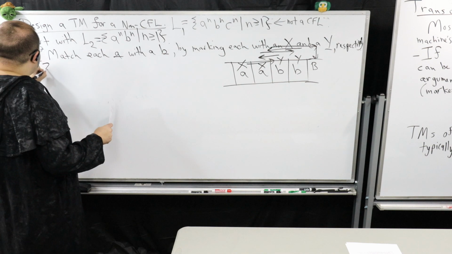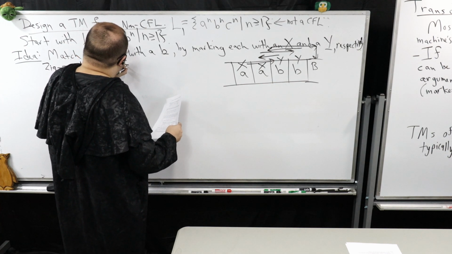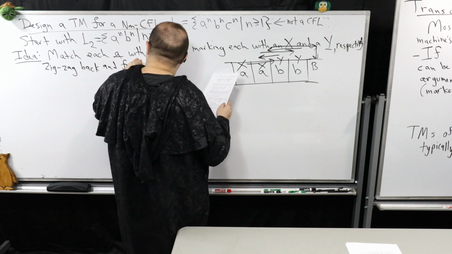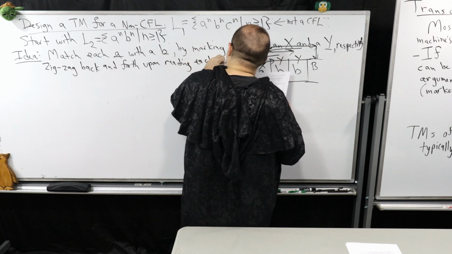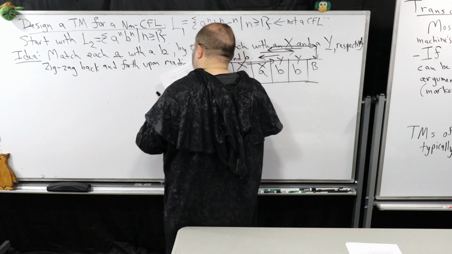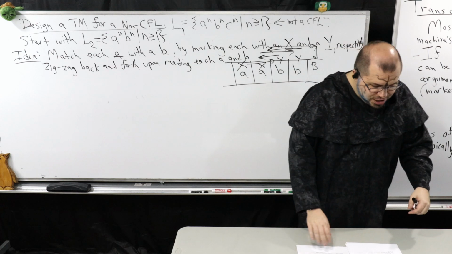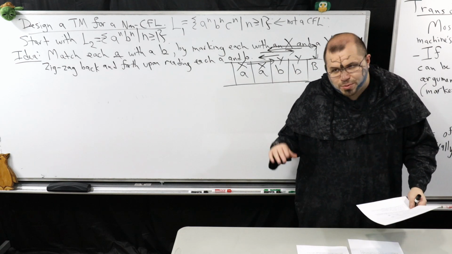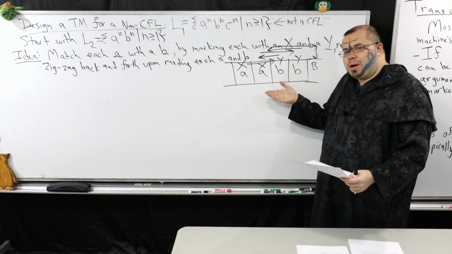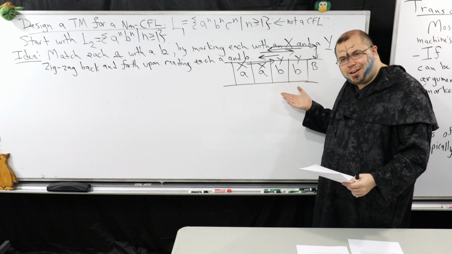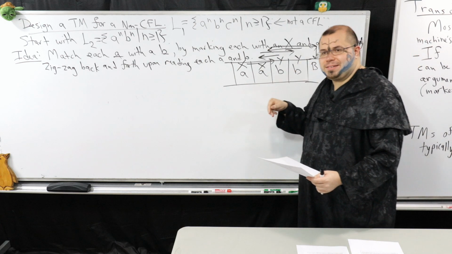So we're going to zigzag back and forth upon reading each A and B. I'm going to try matching each A with a B. And the goal is that when I design this machine, if it fails to match an A with a B, or there are A's that I haven't accounted for, or B's that I haven't accounted for, my Turing machine will certainly halt if that process doesn't match up nicely.